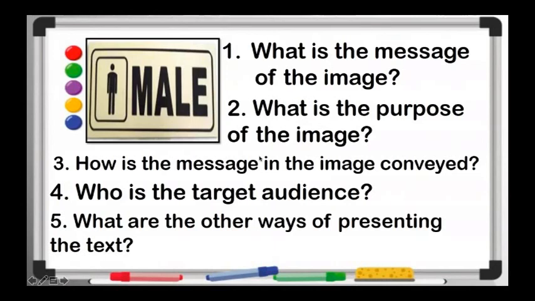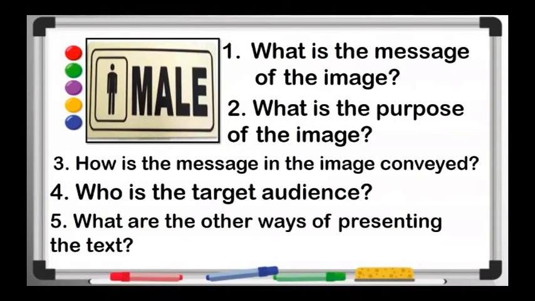One popular signage that we usually see is your male signage. These are usually signs used in your bathroom or in your public toilet to give information or direction on where a male person needs to go in case he needs to use the toilet or the washroom.